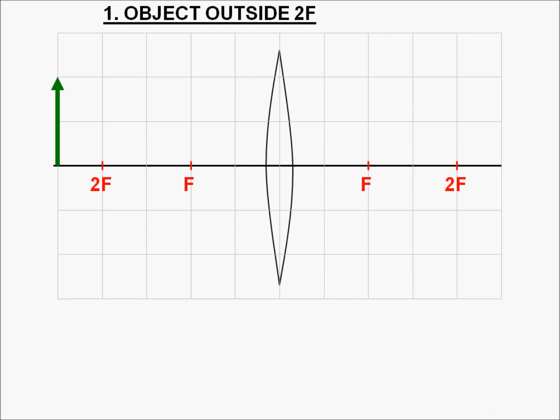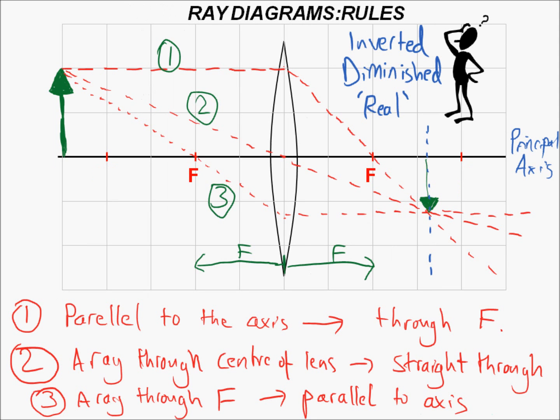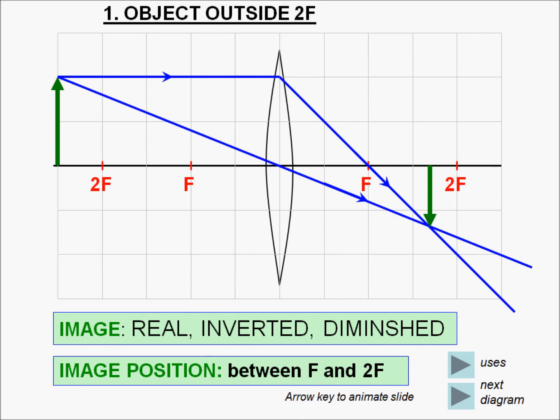Alright, so question 1 I am not actually going to go through with you again, because it is the exact same situation that we already encountered before. So we've got a large object just outside of this 2F mark, and we should get a smaller image formed in around this zone. In fact, okay, I'll show you a quick cheat here.